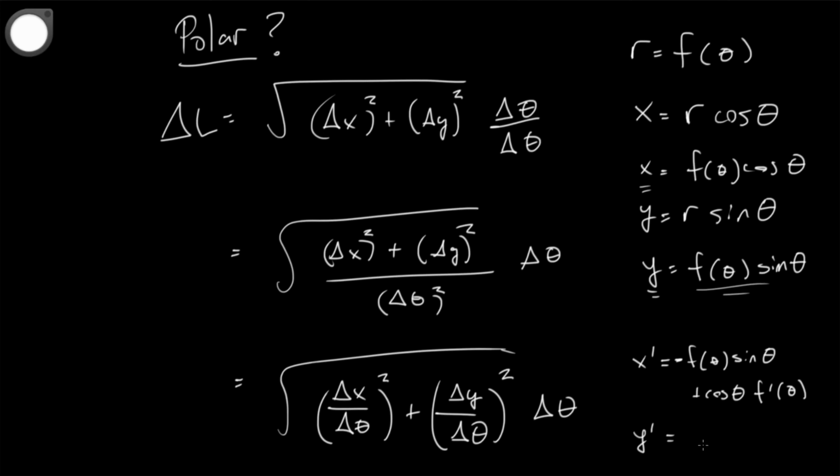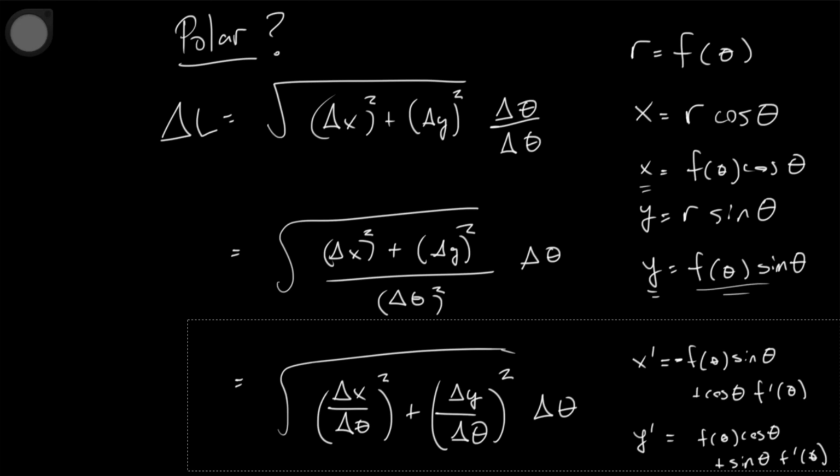We're going to get f of theta times cosine theta, and then plus sine theta f prime of theta. Oh, I think I made a mistake. This is going to be plus sine theta. My bad. Okay. We have the derivative of x. We have the derivative of y. Let's plug these things in, and to do that, I'm going to grab all of this and take it to the next page.